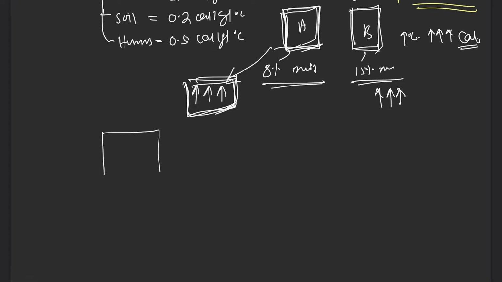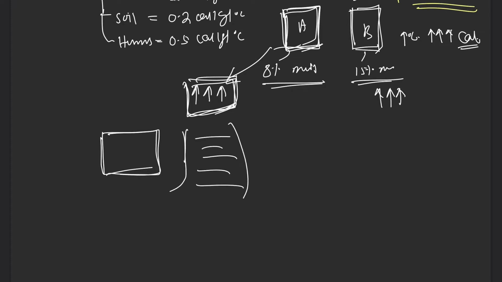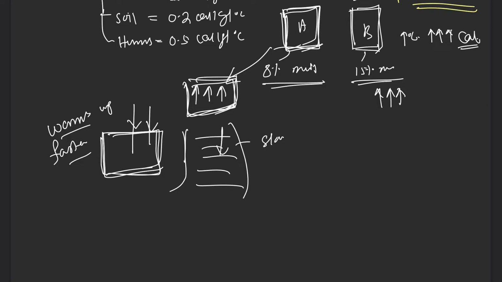what happens if any land surface is present near a water body, sea or ocean? During daytime, due to lower specific heat, this land mass will warm up faster, but the water body will warm up slower, right?